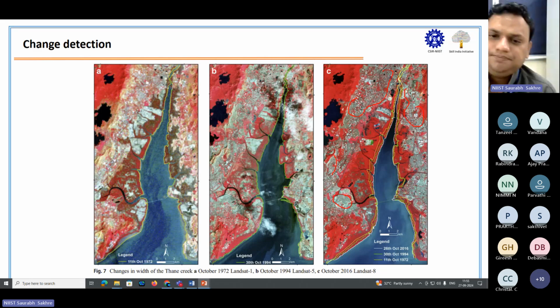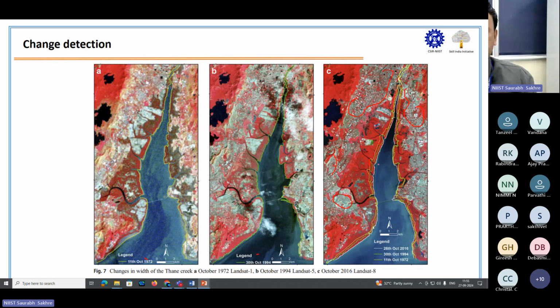Now if you see, this line is showing the shoreline of 1972, the green line is showing the shoreline of 1994, and the white line is showing the shoreline of 2016. You see here, it was here in 1972. You see the yellow line. Then again mangroves have grown, this is decreased, and again it has grown and this is decreased.